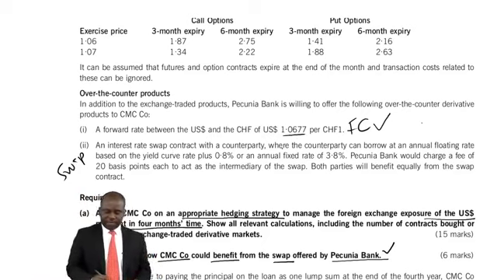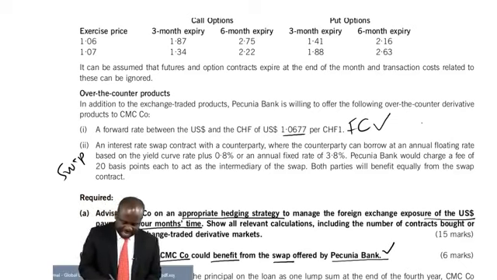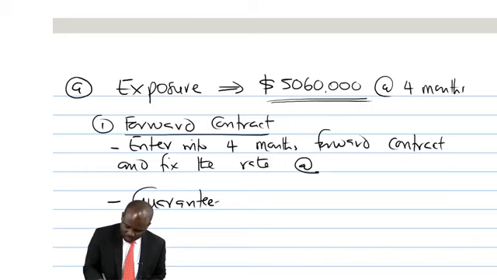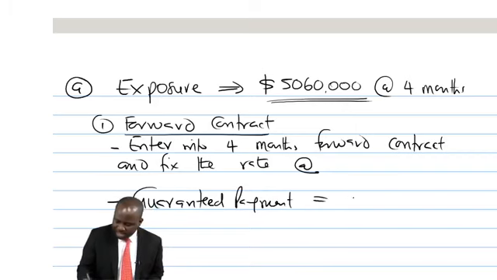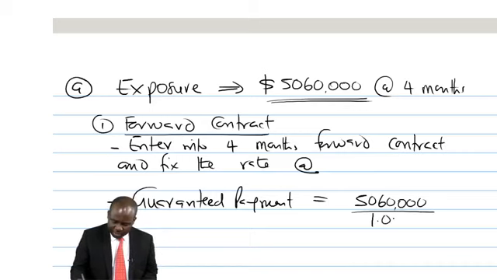So if this is the rate of 1.0677, then what will be the guaranteed payment? The guaranteed payment will simply be the 5060123 divided by 1.0677.